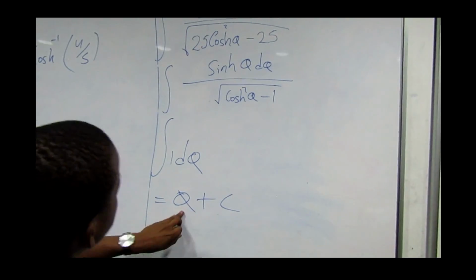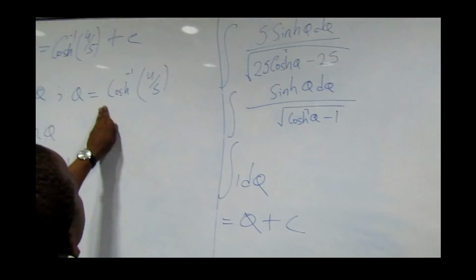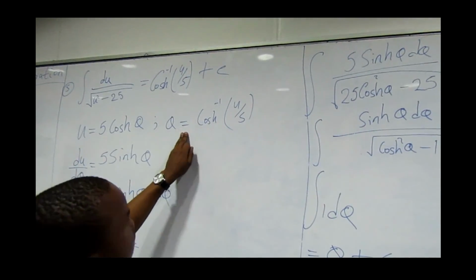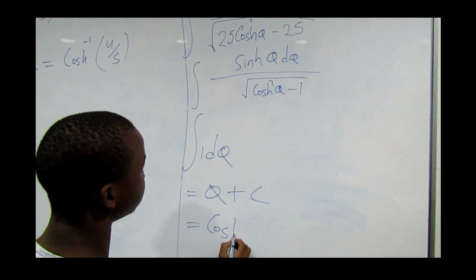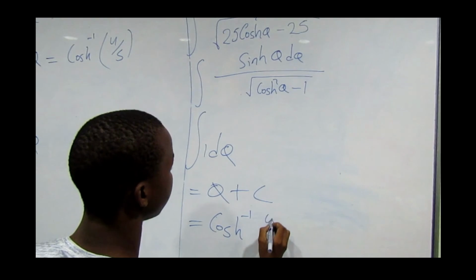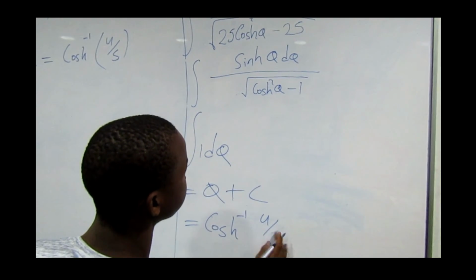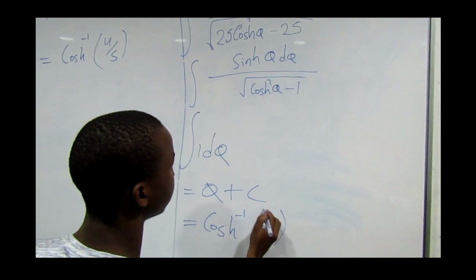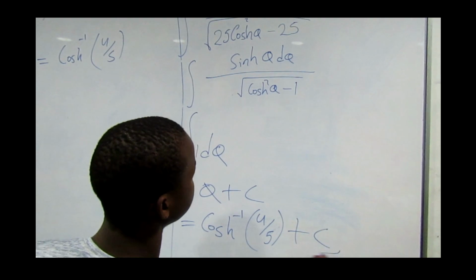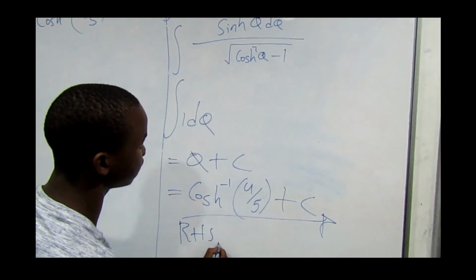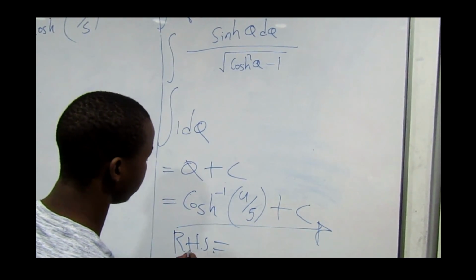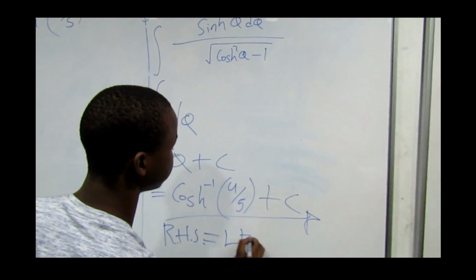And remember, our theta here, we substitute our theta, which is cos inverse u over 5 plus c. Therefore, you conclude that the right hand side is equal to the left hand side.